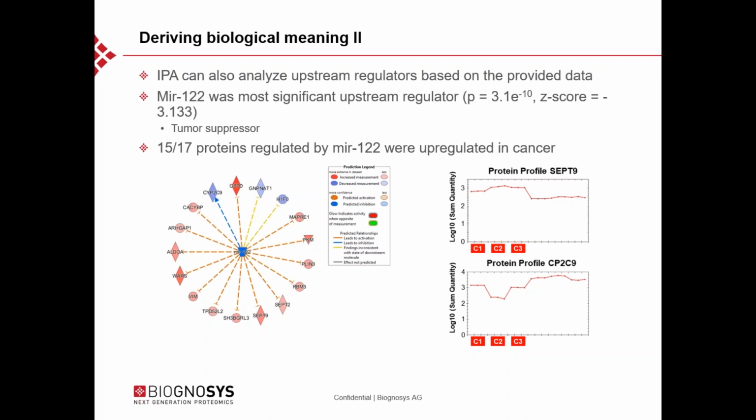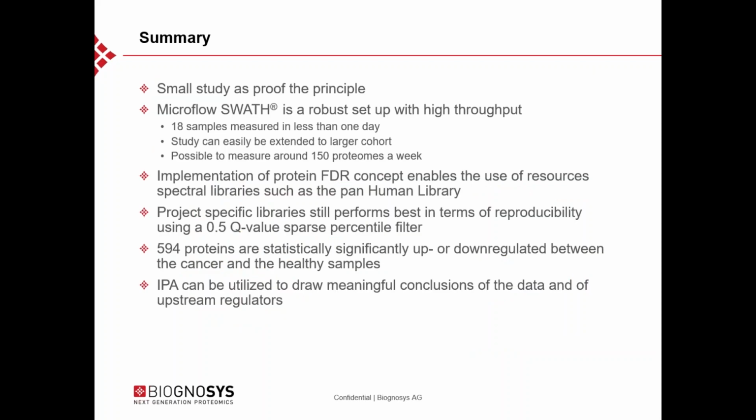Good. With this, we're already coming to the summary of today's webinar. And I hope Nick and I could show you that with a very small study, just using 6 samples, we could show a little proof of principle that the microflow SWATH setup is a very robust setup that can be used in high throughput to measure a lot of samples in very short time.